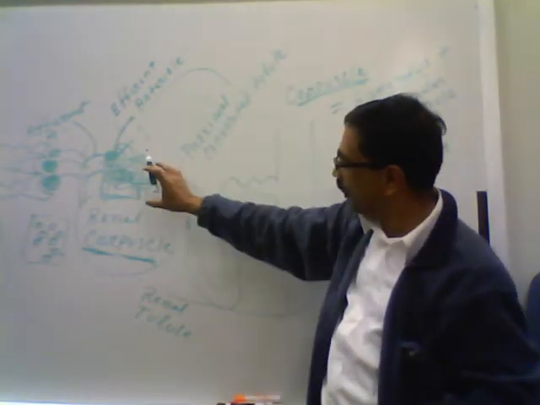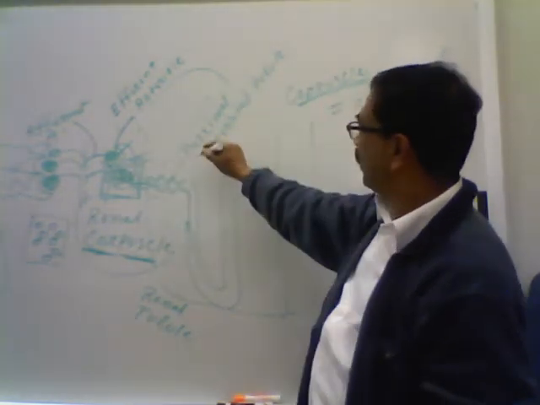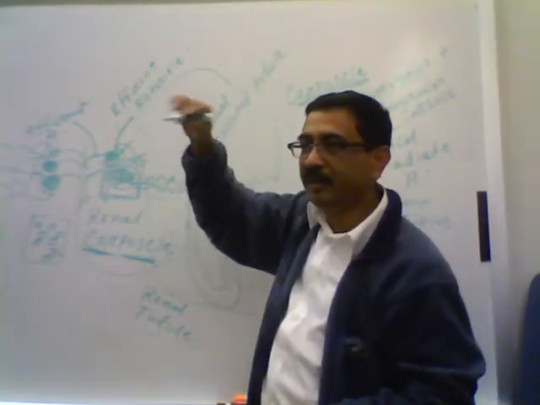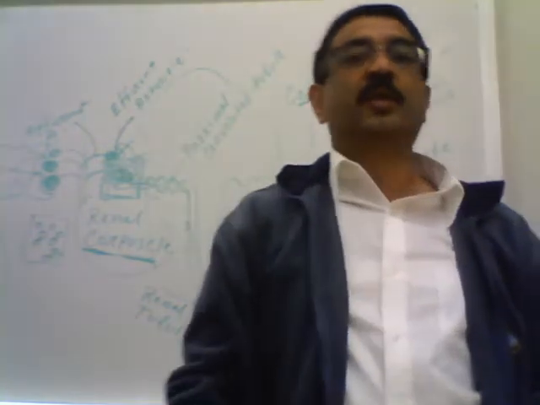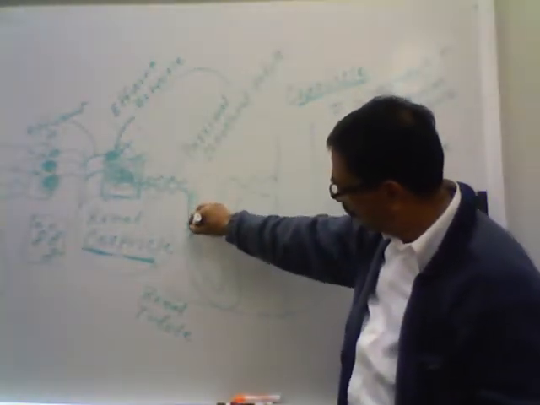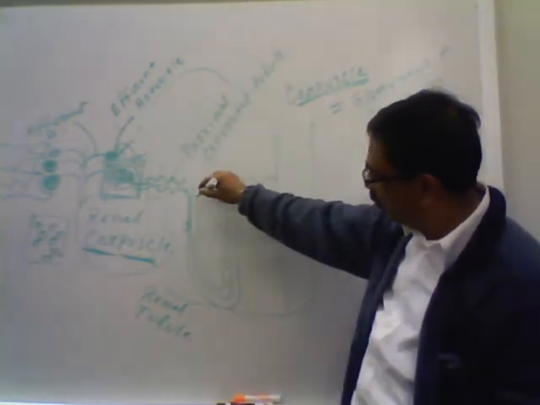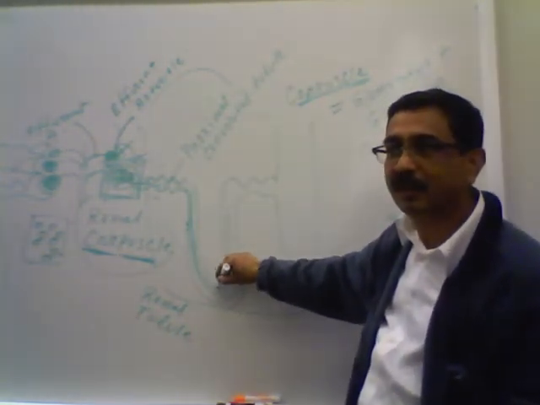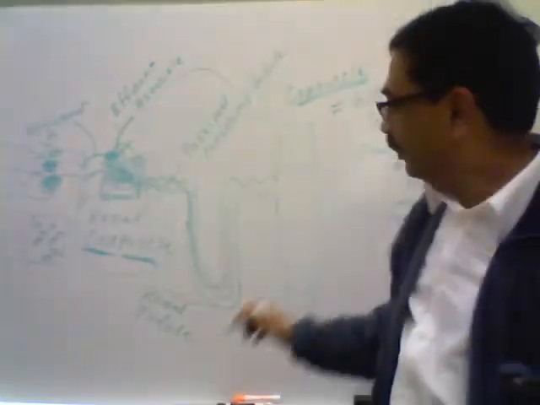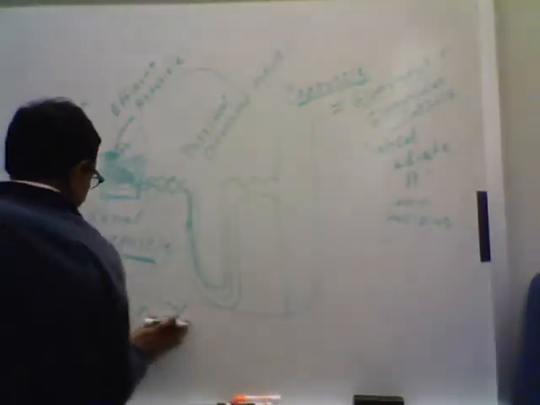Proximal means first part, distal means last, and it is convoluted because it is not straight, spiral. And then you see this part looks like a loop, like a hairpin you use in your hair. So this is called the loop of Henle.